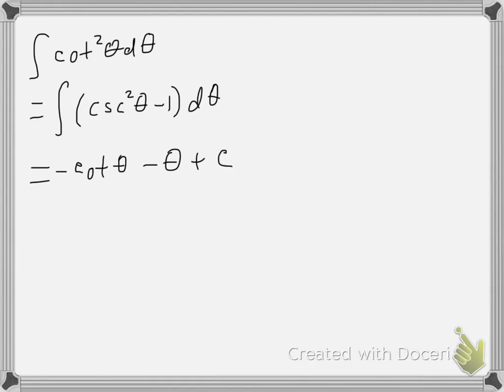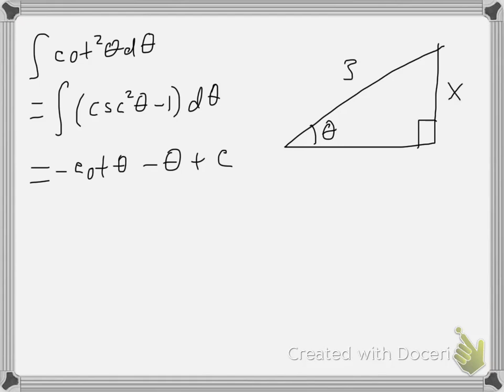So let's draw a right triangle, and let's label this as our theta. This becomes 3 and x, because remember the sine of theta is equal to x over 3. That was our initial substitution. And if we label this side using the Pythagorean theorem, it becomes the square root of 9 minus x squared.